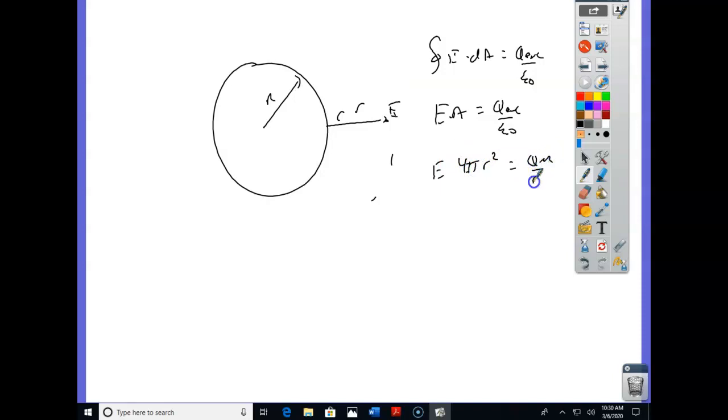Q enclosed over epsilon naught. But this r is the radius of the sphere I'm drawing. So E equals Q enclosed over epsilon naught times 4 pi times that r, which is going to be big R plus little r, squared.